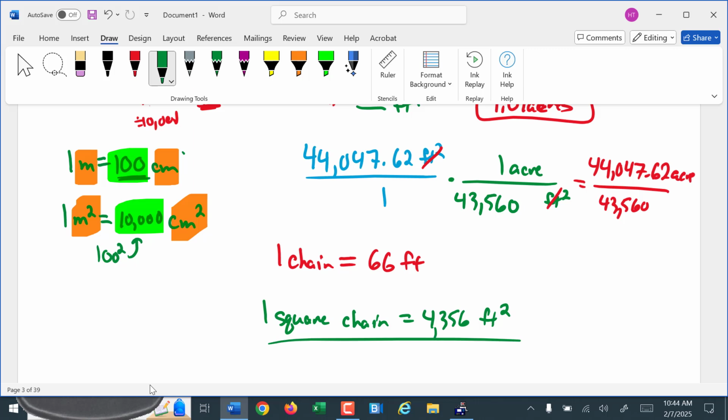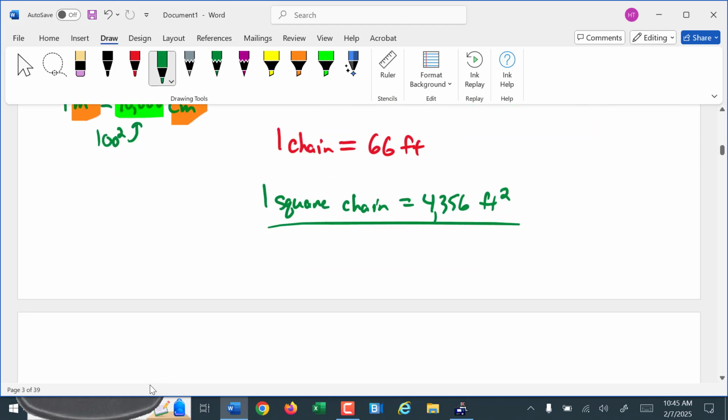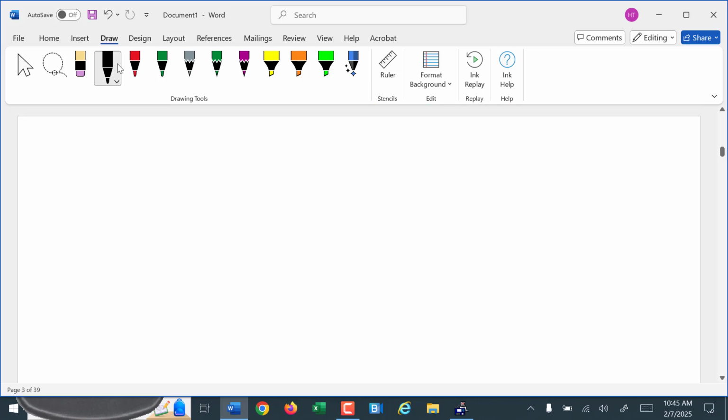The acre is just 10 square chains. That's where the 43,560 comes from. Okay, so that's why we divide things into 40s, by the way, because it's 20 chains by 20 chains. Enough of that.